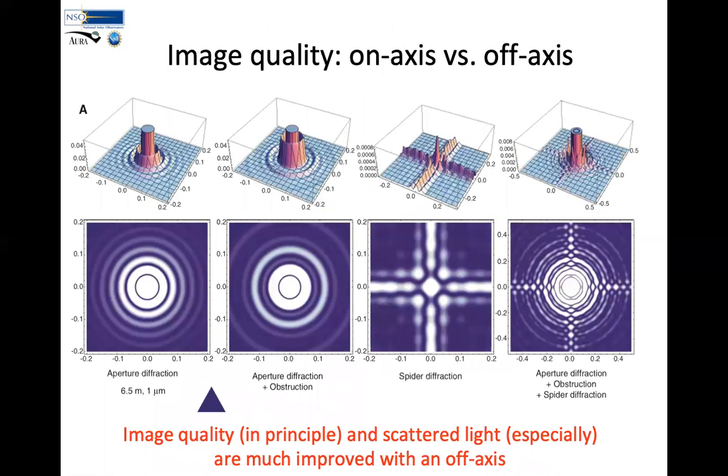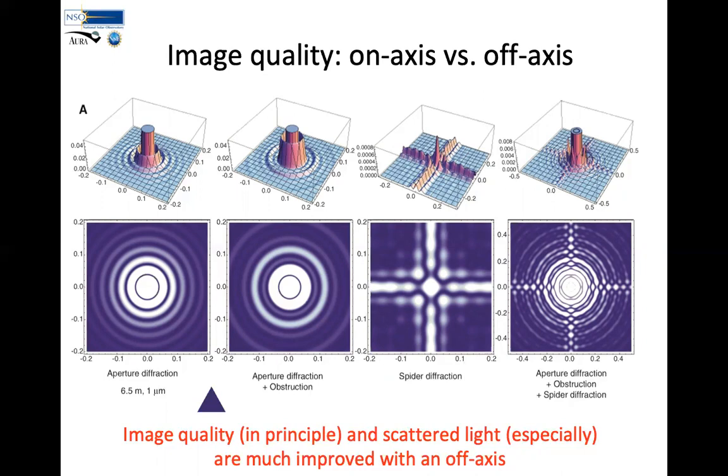Another good thing of having an off-axis telescope is that you improve your PSF. Ivan has discussed how, with a circular aperture, you will have spurious elements in your PSF due to the obstruction, because you have something on top of your mirror, a shadow, or a hole in your mirror, so your actual surface area is less and has a funny shape.